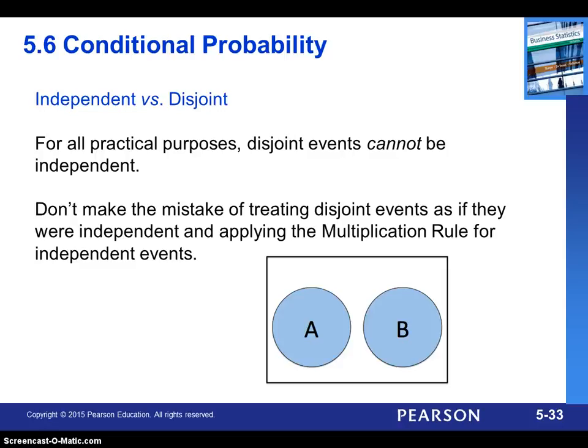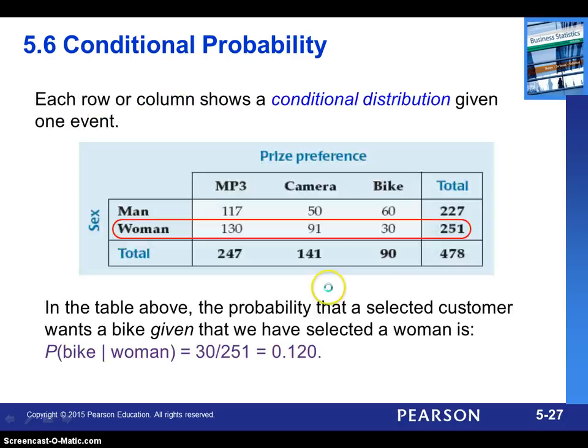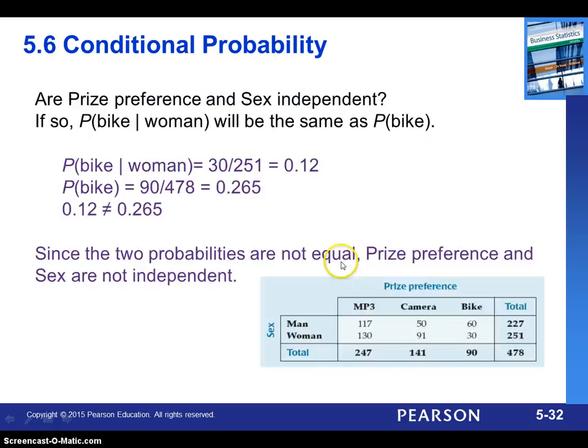When we originally showed the multiplication rule, we said P(A and B) is equal to P(A) times P(B). Well, now we're adding this twist. People sometimes want to try that with disjoint events. They want to say, well, they have to be independent because they're not overlapping. So P(A and B) equals P(A) times P(B). Well, let's think about that.